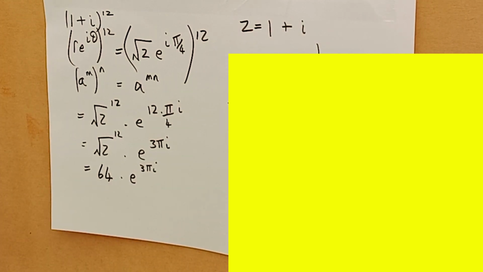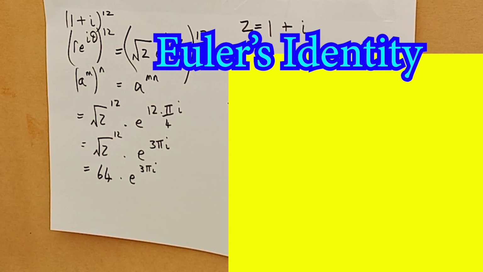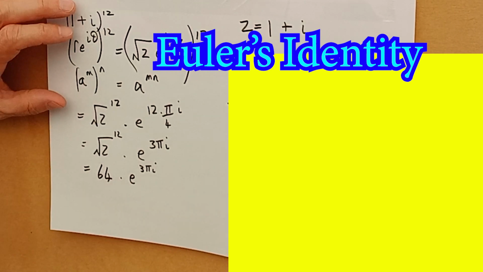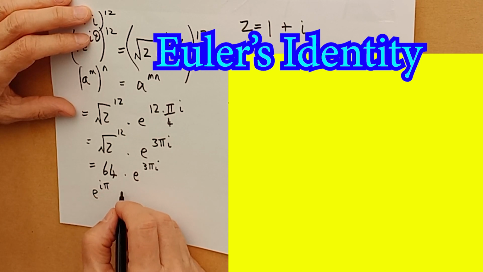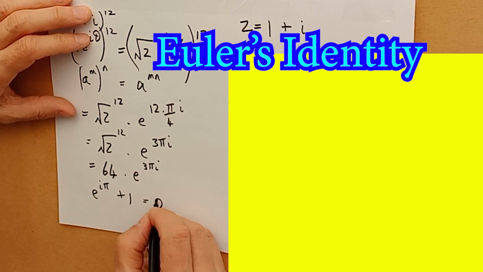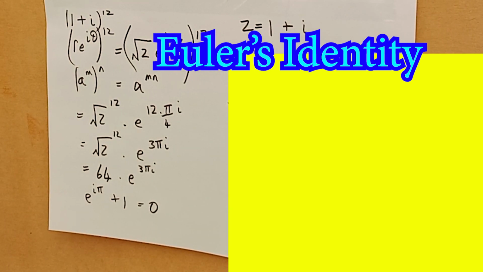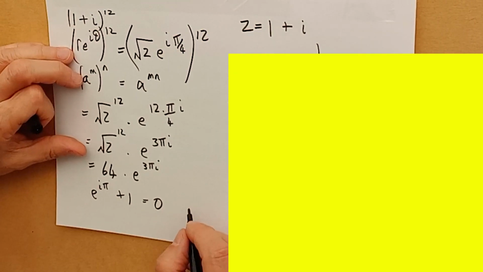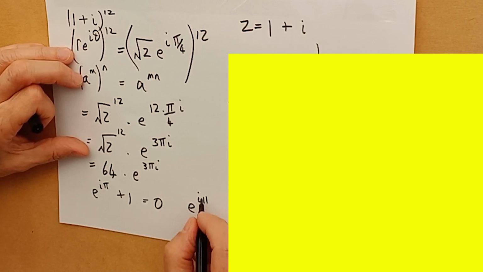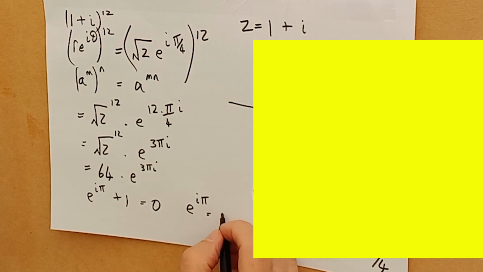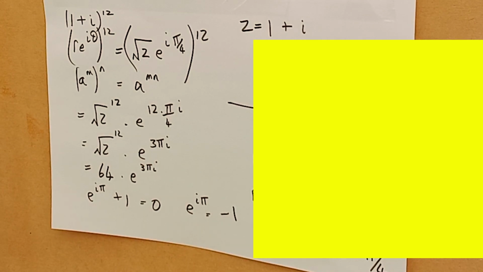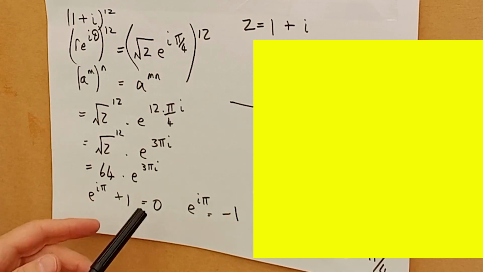Okay, so now we're going to use Euler's identity, which is e to the i pi plus 1 equals 0. So e to the i pi is minus 1. So have we got e to the i pi?